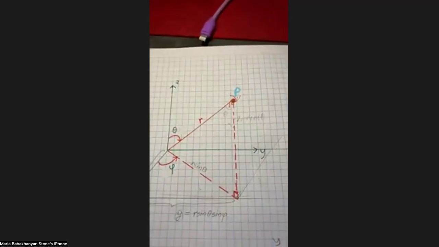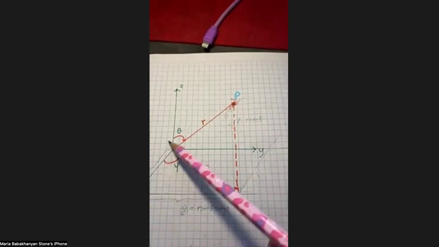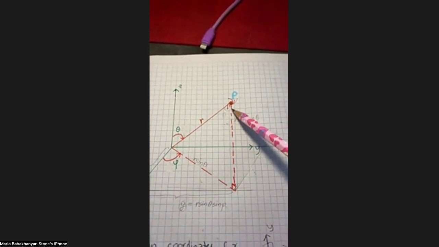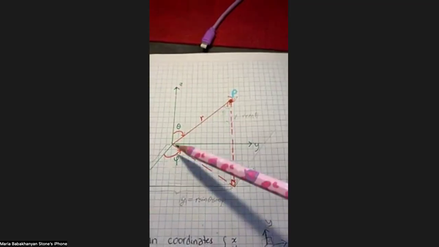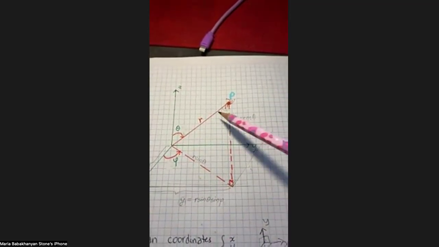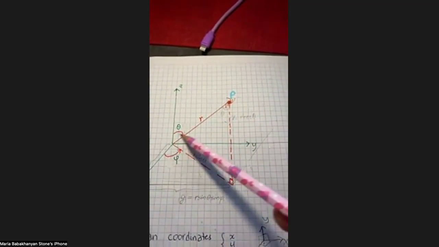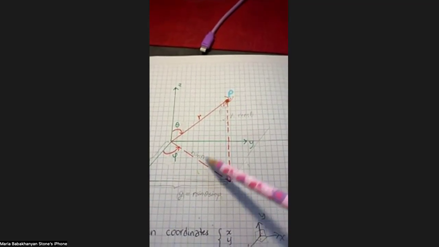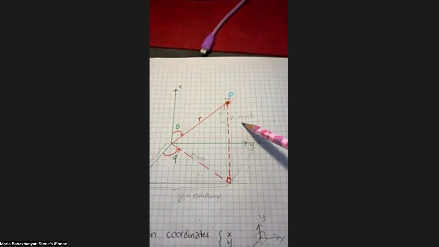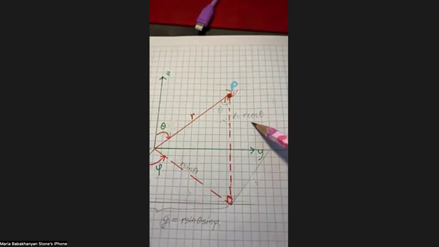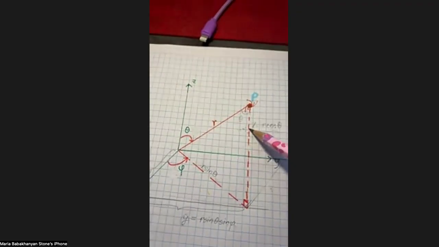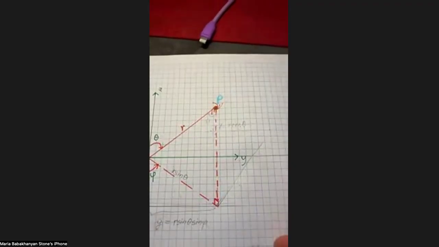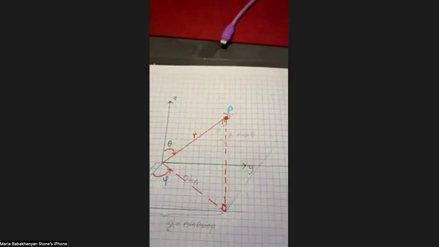Can you see? This is theta, this is theta, your polar angle. This is also the polar angle. These are parallel lines crossed by another line, so these are the same angle. And so this is your R sine theta, and this is your R cosine theta, which you can barely see. But right away, you see that R cosine theta is the z coordinate.